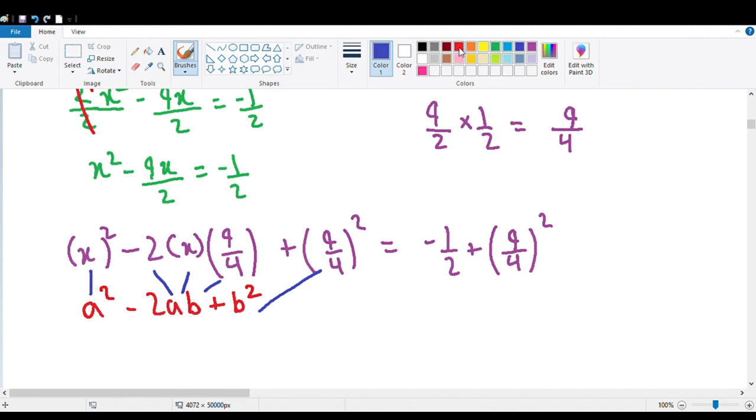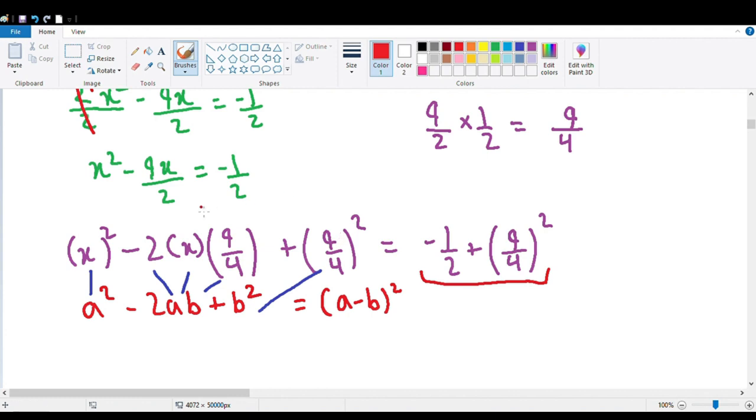And this formula equals a minus b whole square, which is not obviously this term right here, but this is what we're going to transform a squared minus 2 times 9 over 4 plus 9 over 4 squared into. So we had to add plus 9 over 4 squared on this side because we added it on the left side. And if we add something on one side, we've got to add it on the other side to make it equal, or the equal sign wouldn't be there.